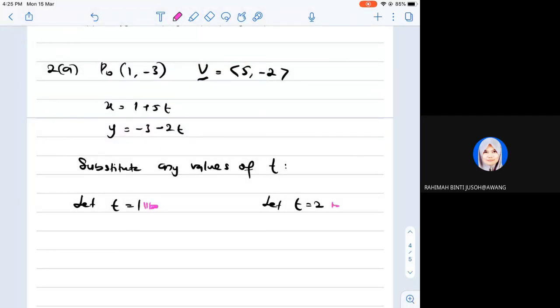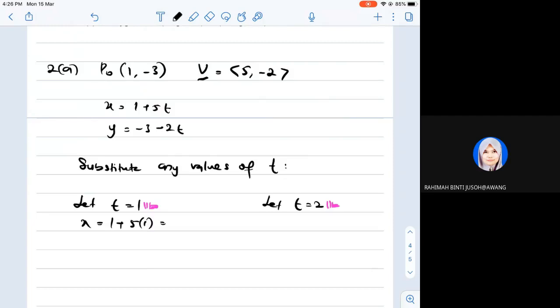And sebelum saya terlupa guys, subtopic equation lines and planes ni dia boleh jadi banyak solution, dia bergantung kepada nilai yang you pilih. Dia ada banyak solution sebenarnya untuk subtopic 1.4 ni. Dia non-unique solution lah.